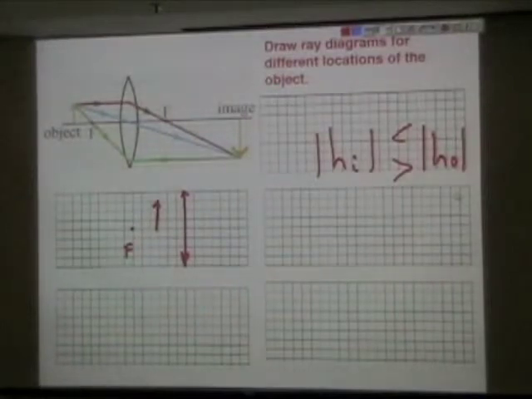Again, when we talk about magnification, it could be tricky because magnification could be negative. When we talk about size, we always think of positive numbers. We just compare magnitude of the height. So the height of the object is 3 blocks.